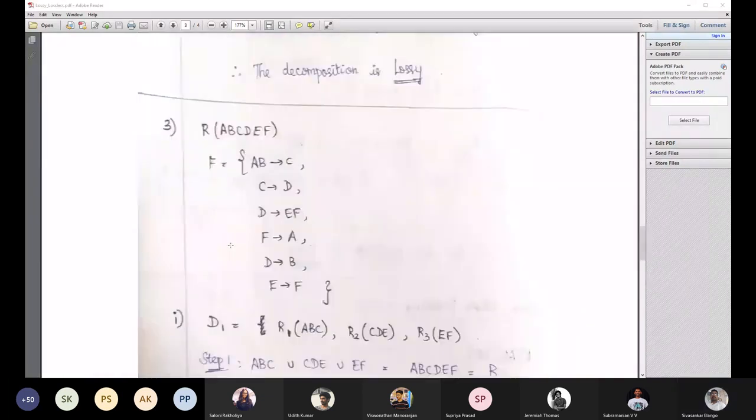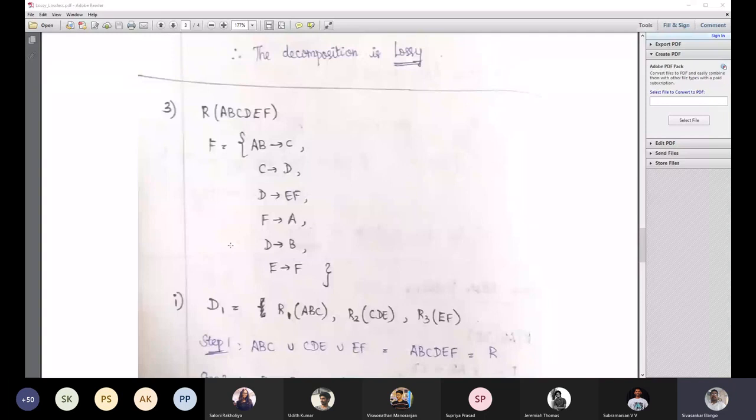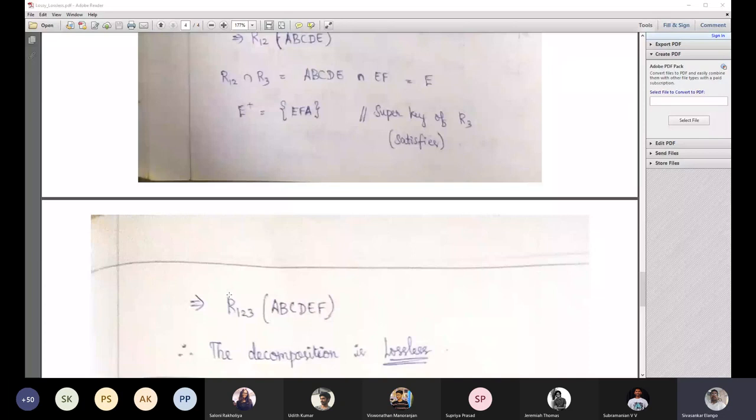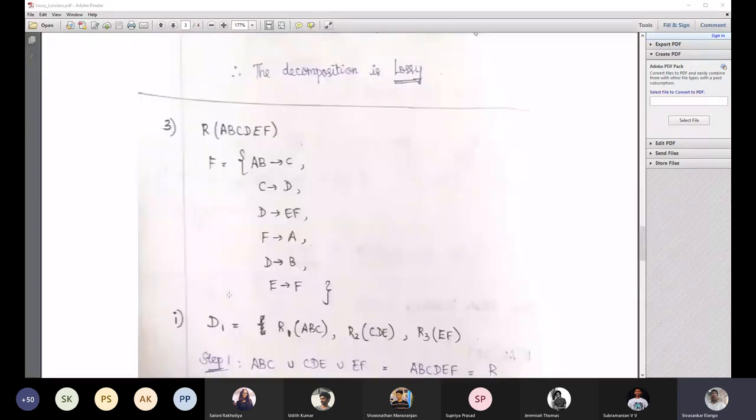So you can look into this third problem. Already it has been proved that its decomposition is a lossless decomposition, so let us leave it.